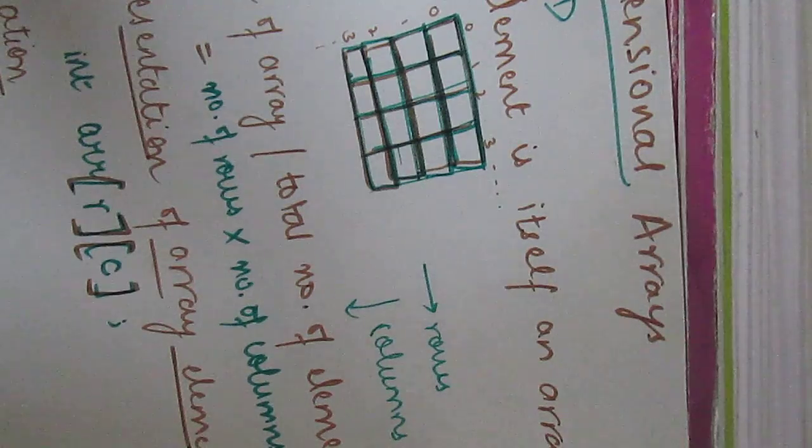With respect to C or C++ in Turbo Compiler, we have to write the data type of the elements of the array. If our array has integer elements, then we'll write int followed by a space, then the array name, followed by the number of rows and then the number of columns, and terminated by a semicolon. This is the notation.